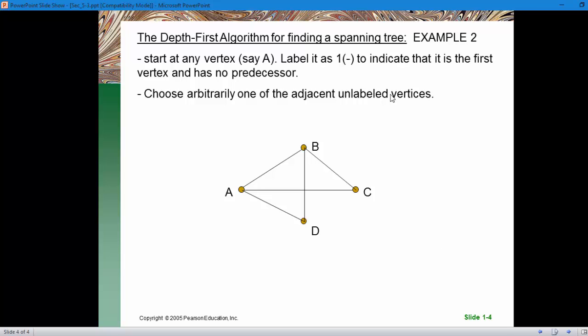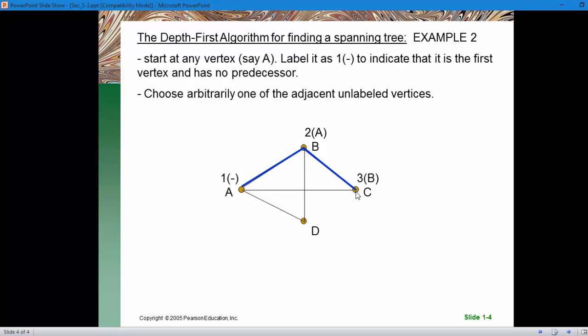Here's another example. Let's start with A. From A, labeled 1, we go to either B or C or D. Again, let's choose alphabetically. Go to B. From B, I can go to either C or D. Let's go to C. Notice that at C, if I try to go anyplace else, I can't.